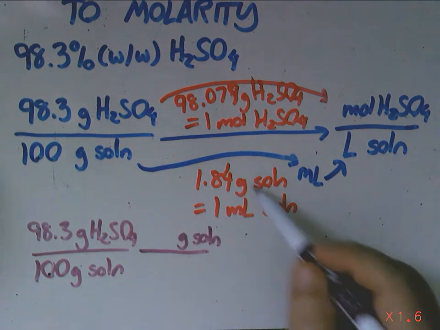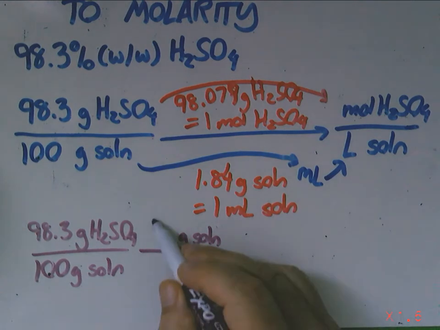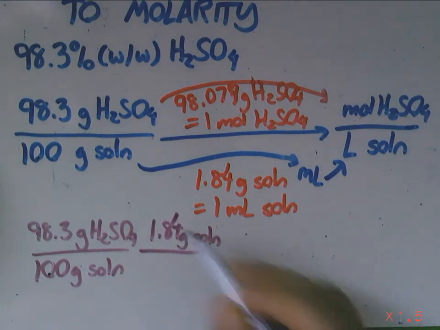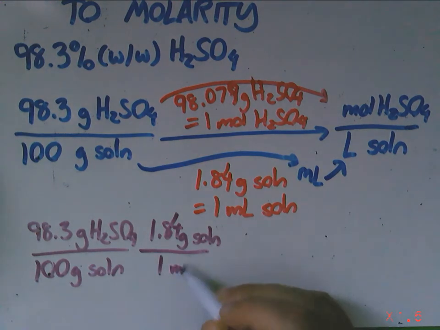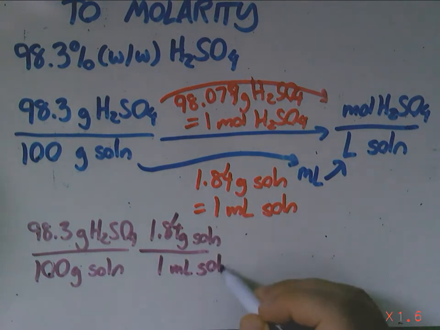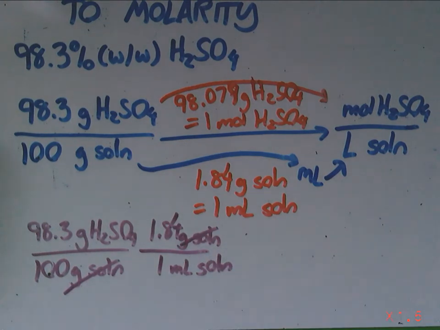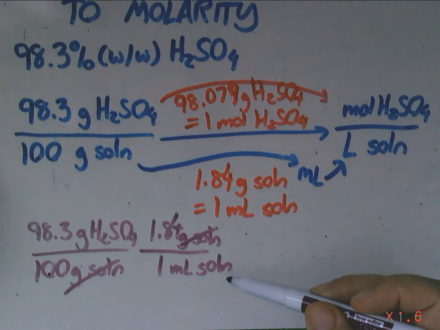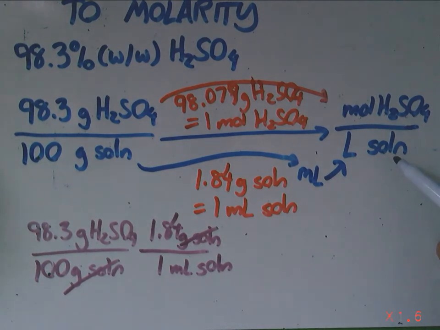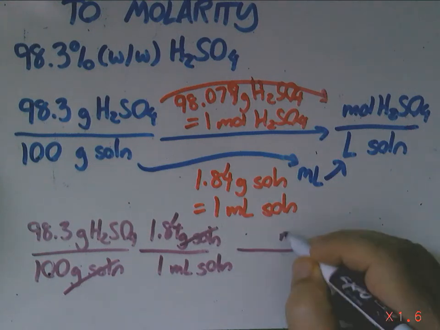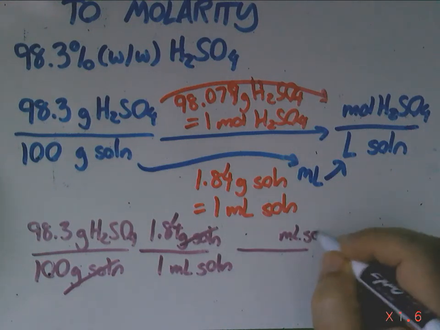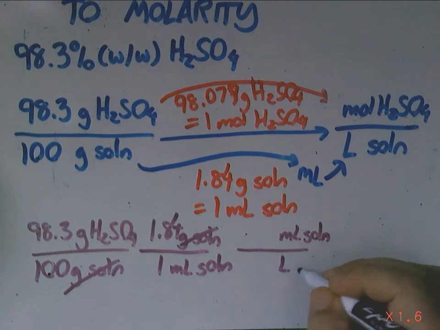And I look at my first link. It's 1.84. We're just doing a unit conversion at this point. And on the other side I have milliliters of solution. That will get rid of grams of solution. Now I've got milliliters of solution on the bottom. Is that what we want? No, I want liters. So I take milliliters of solution and turn it into liters of solution.